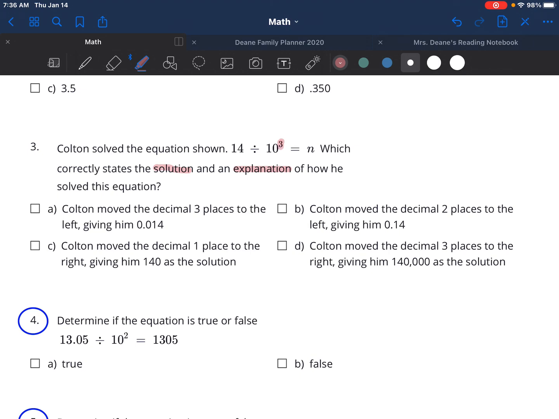So it's telling us we have to move it 3 places, and we know that when we divide by powers of 10, we move to the left. So all you have to do is move your decimal 3 places to the left, and then find which answer below, A, B, C, or D, tells us to move the decimal to the left and gives you the correct answer.